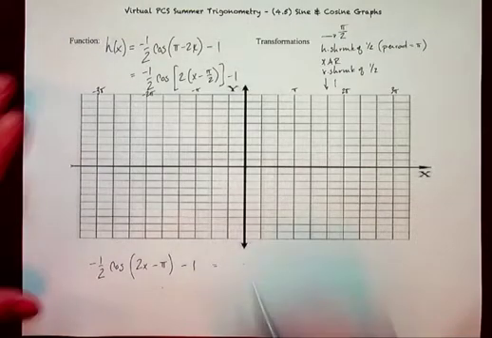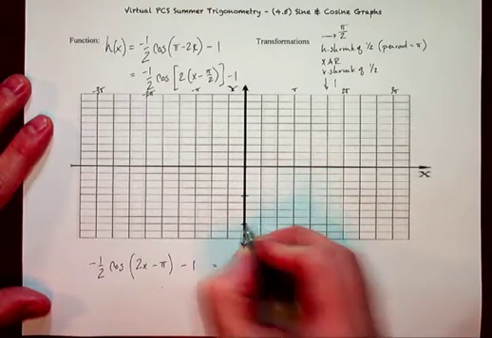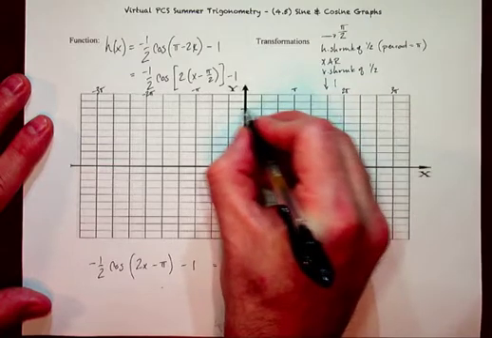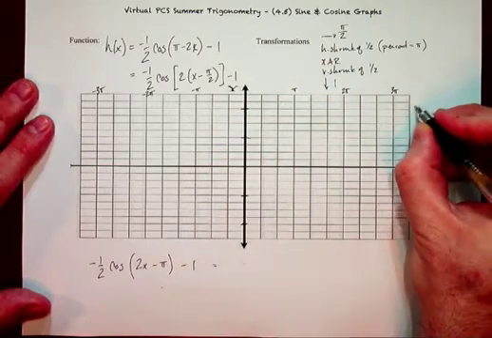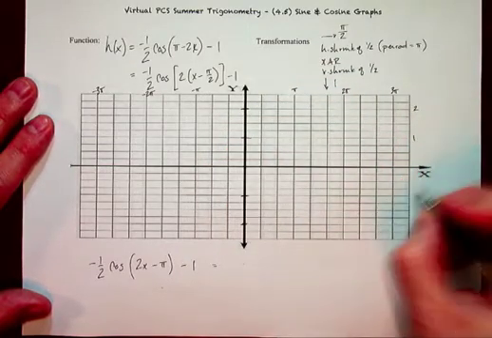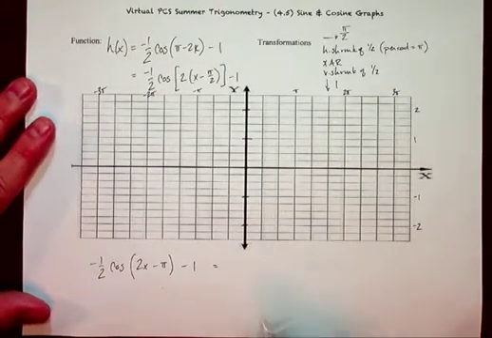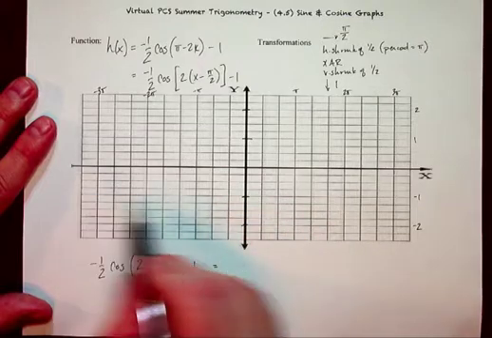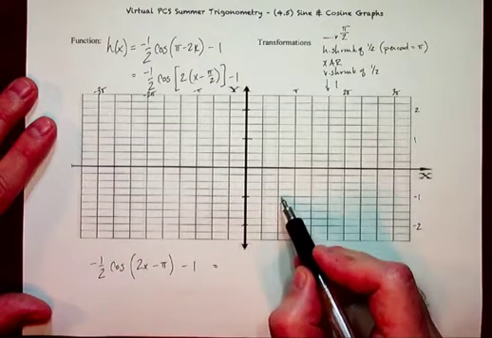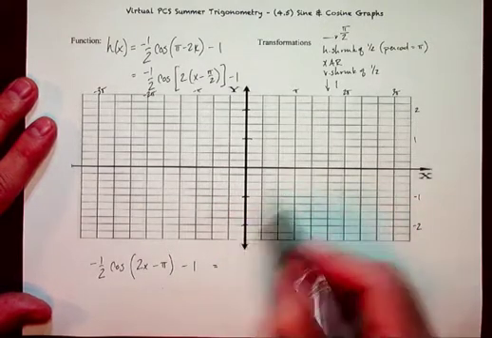And so, again, I'm going to use my normal scale of 4 boxes is equal to 1 unit, because I know that basically it's going to be oscillating around y is equal to -1, but it's only going to go half a unit up and half a unit down as it oscillates.